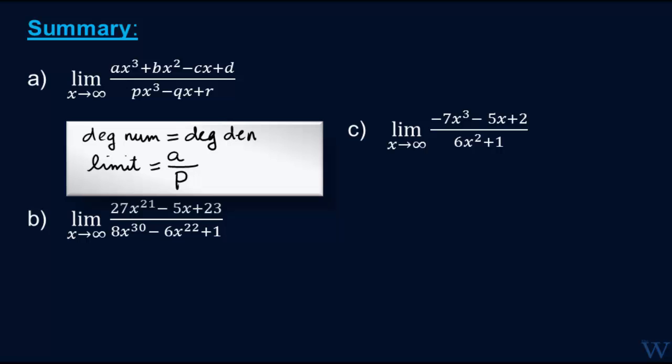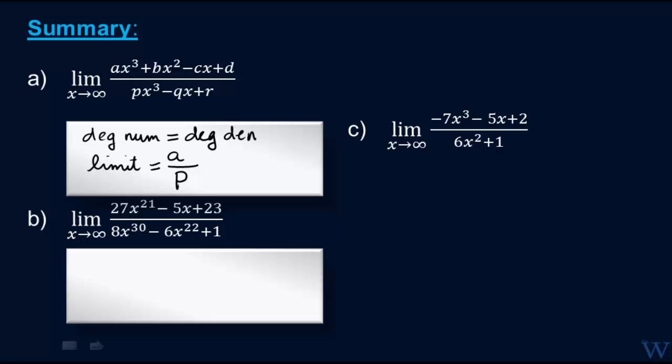Okay, what about letter B? In letter B, the degree of the numerator is less than the degree of the denominator, and when that's the situation, our limit is equal to 0.